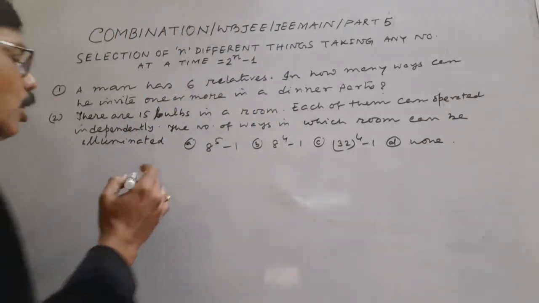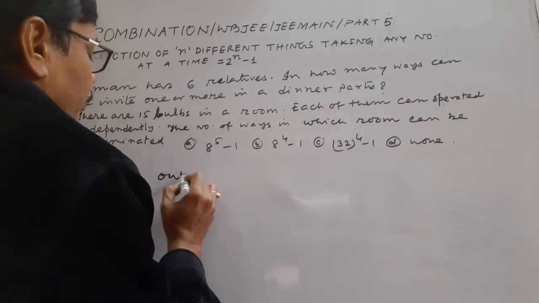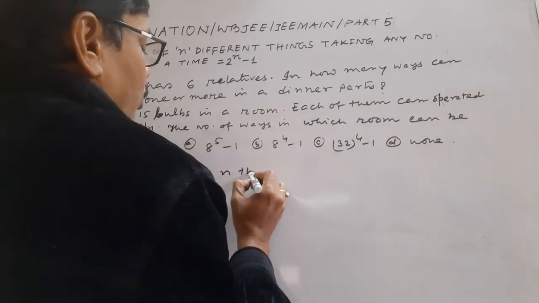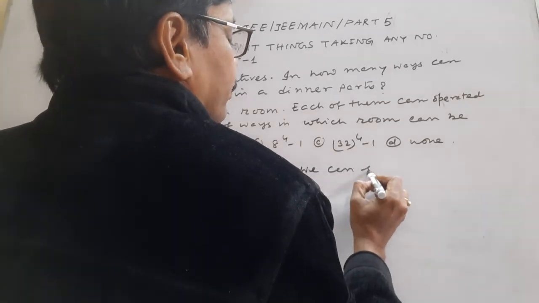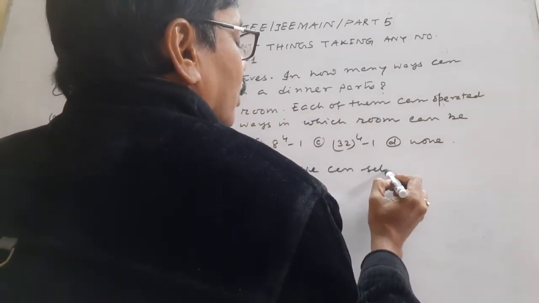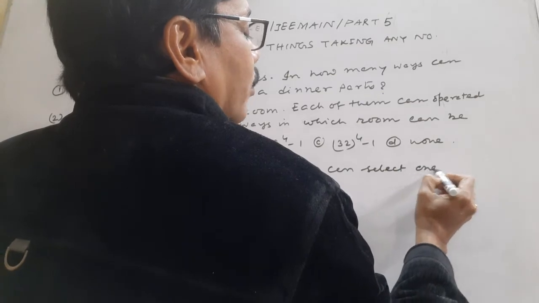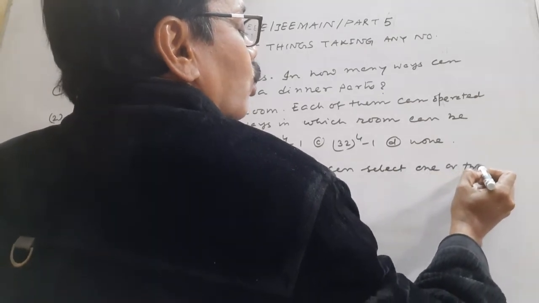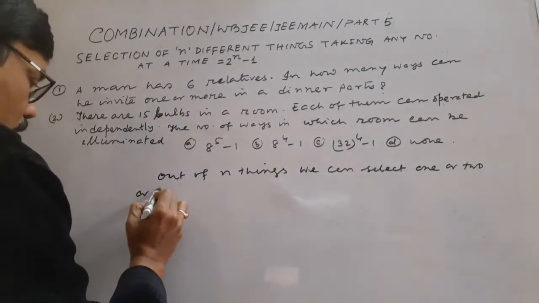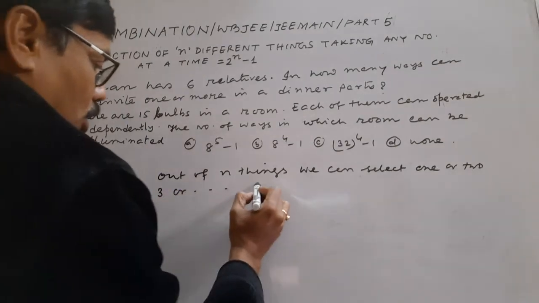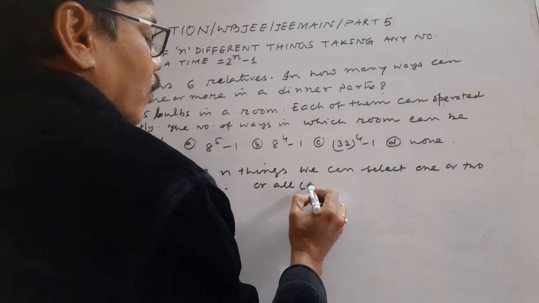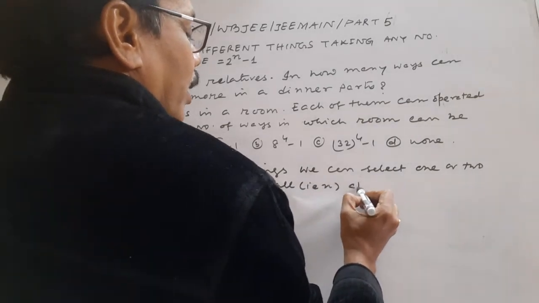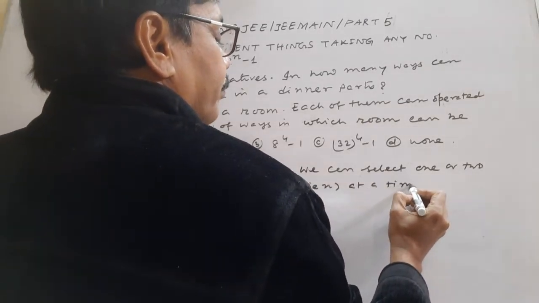So out of n things we can select 1 or 2 or 3 or all, that is n at a time.